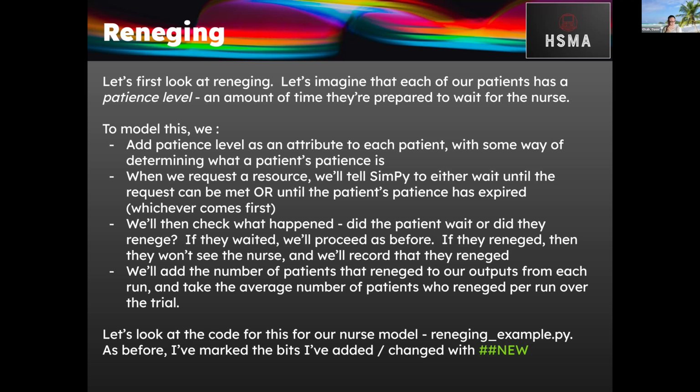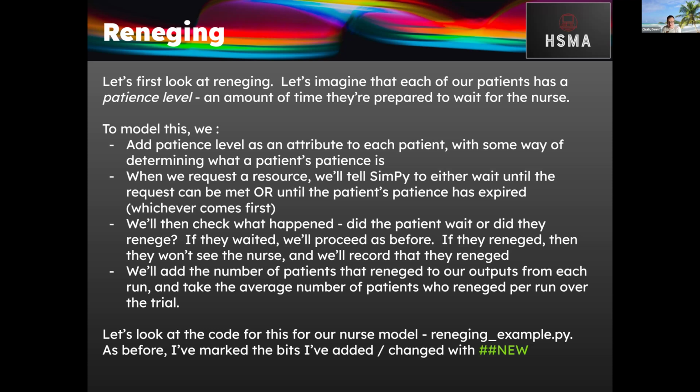It depends how complex you want to make your model. But in very simple terms, that's all we need to do: add in this patience attribute with some way of determining what the patient's patience is. In the example I've provided, it just randomly generates a patience level, but in reality you probably want to do something a bit better than that.